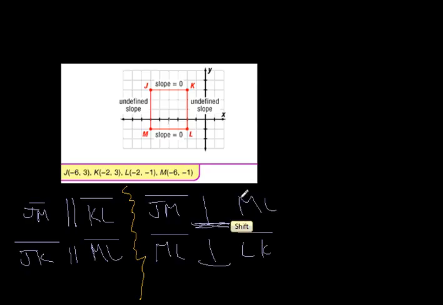And again, don't forget to put down your line symbols. And finally, line LK is perpendicular to KJ.